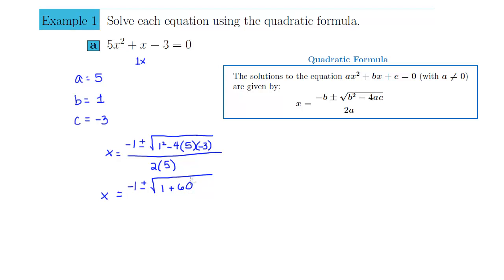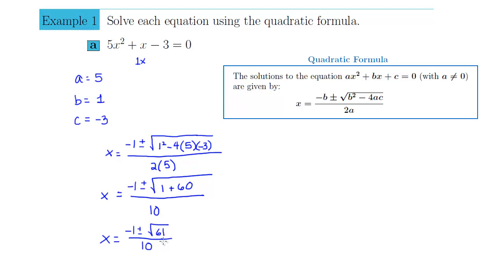So under the square root, we have 1 plus 60. And in the denominator, we have 2 times 5, which is 10. Let's continue simplifying, and that tells us that x is negative 1 plus or minus the square root of 61 all over 10.